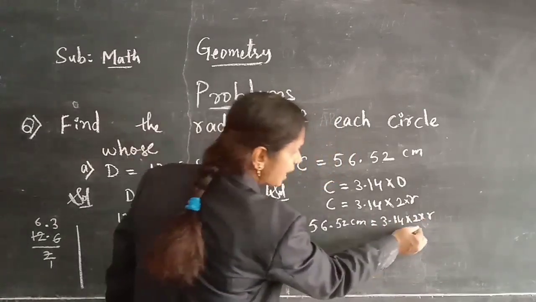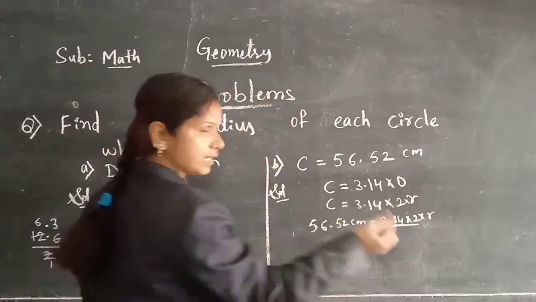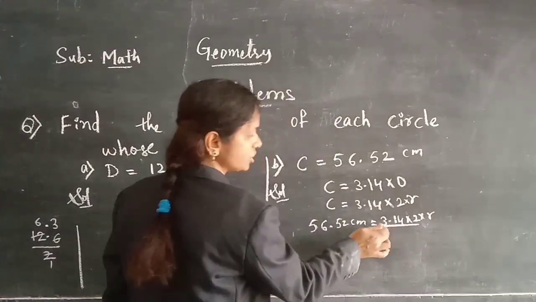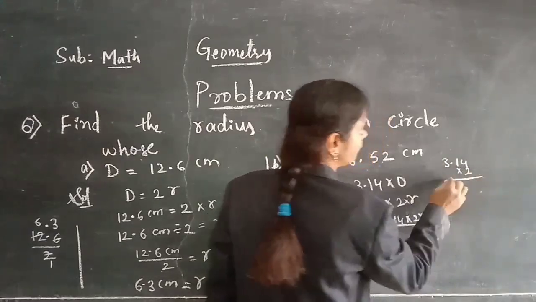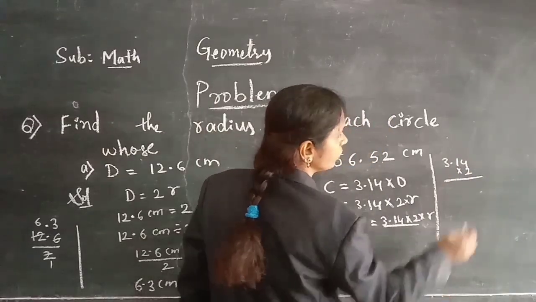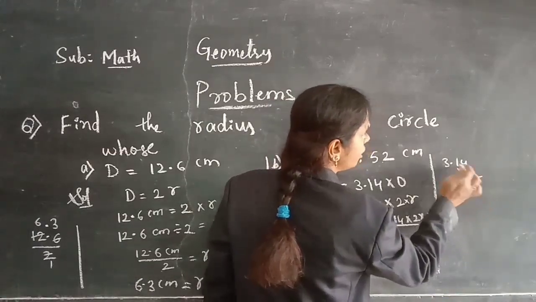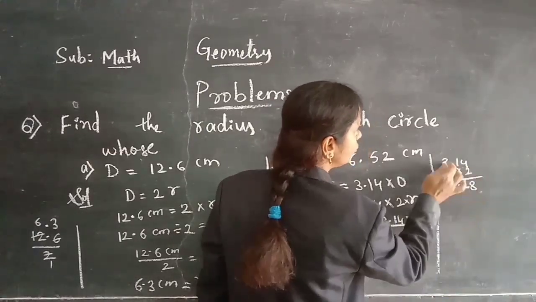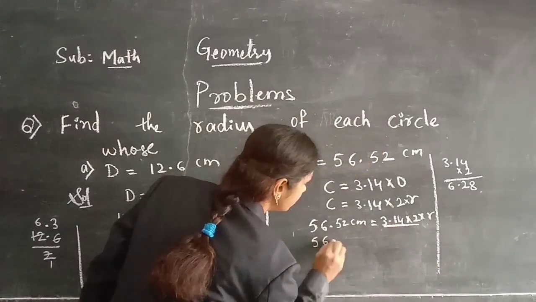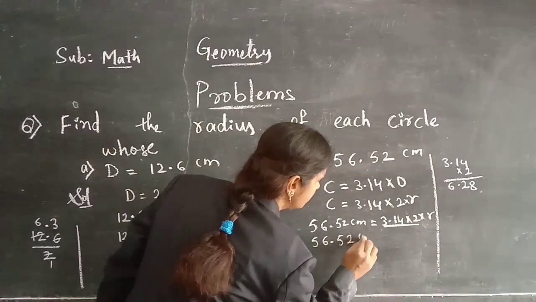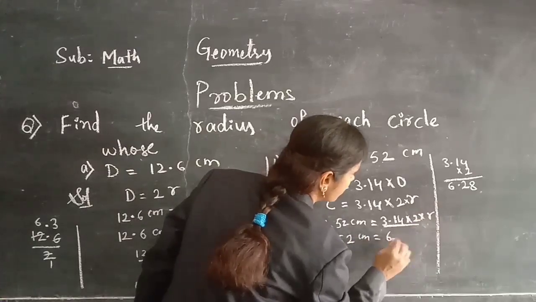Now first I am calculating this side. What is the calculation here? 3.14 into 2. 2 fours are 8, 2 ones are 2, 2 threes are 6. So 56.52 centimeters is equal to 6.28 into radius.